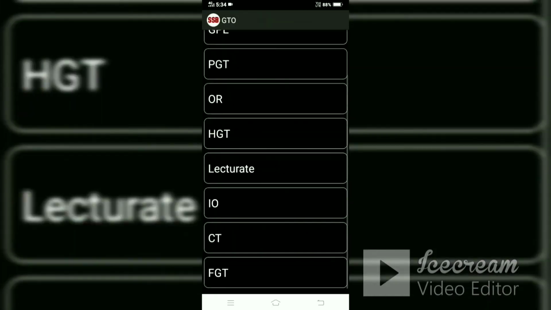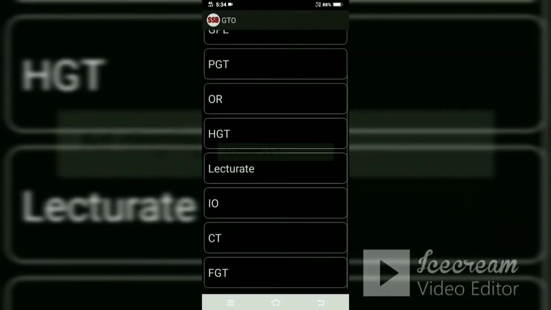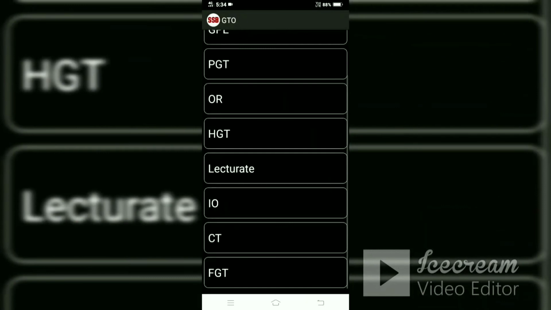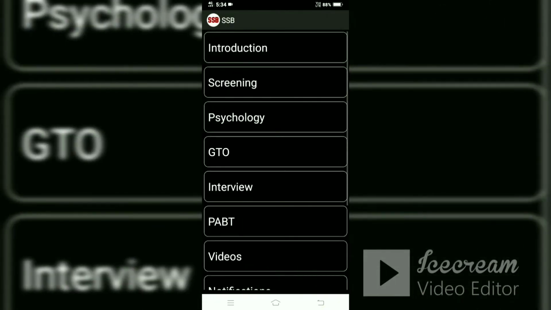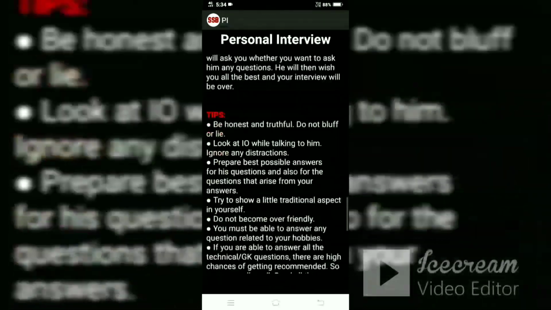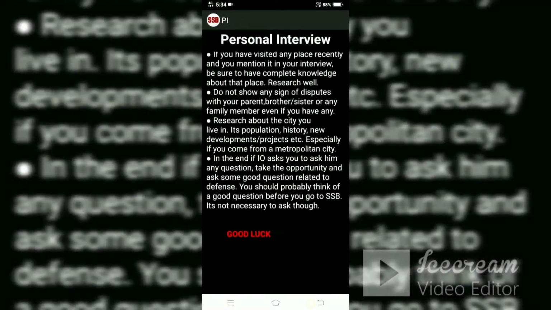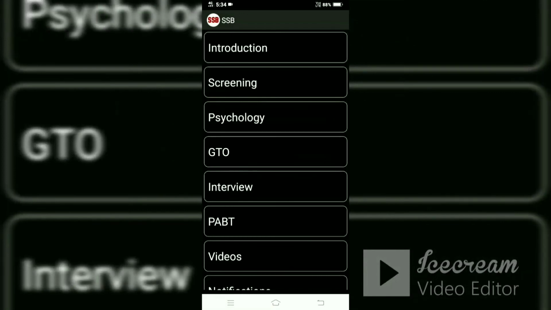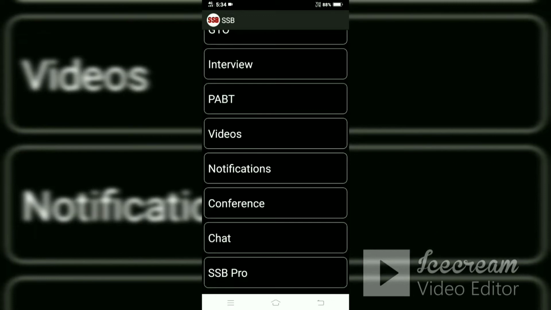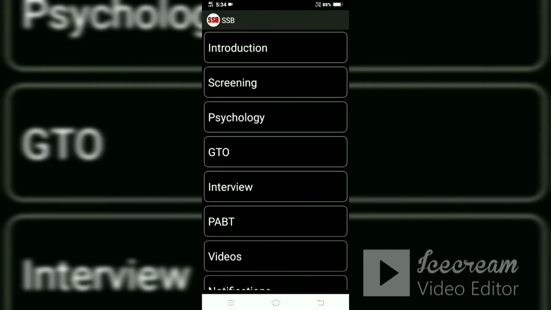There are all things given, like lecturette and IO, which are just basic instructions, you can go through them once. Now coming to the interview, the interview part is not too much, but there are instructions, so you can go through these. Now PABT, all those functions are free; you have to buy the pro version of this app, this is the free version, and you have as many things as I showed you.